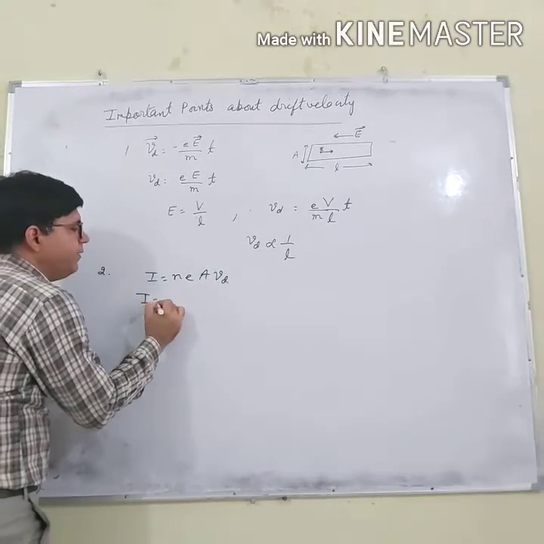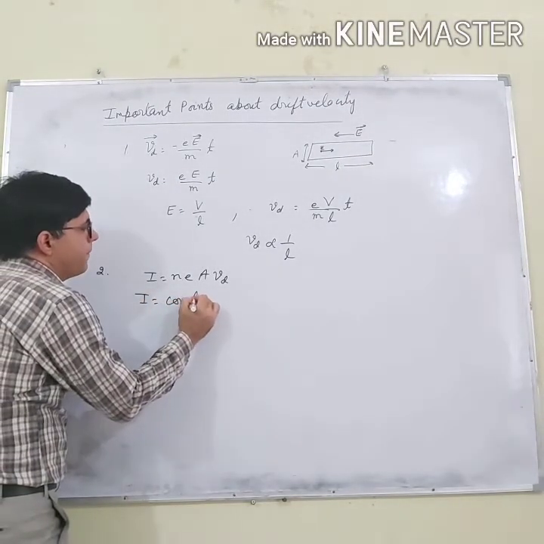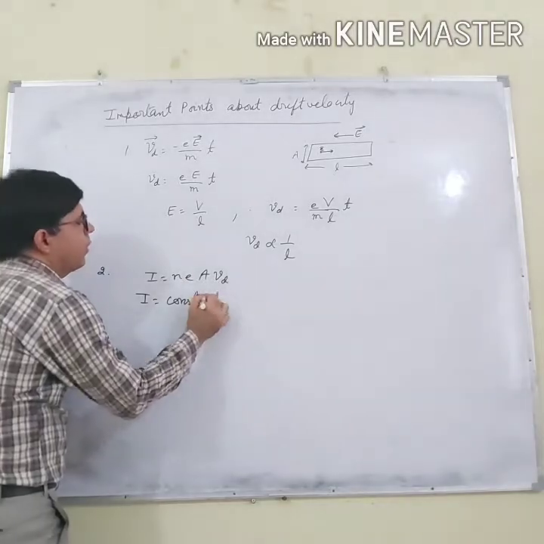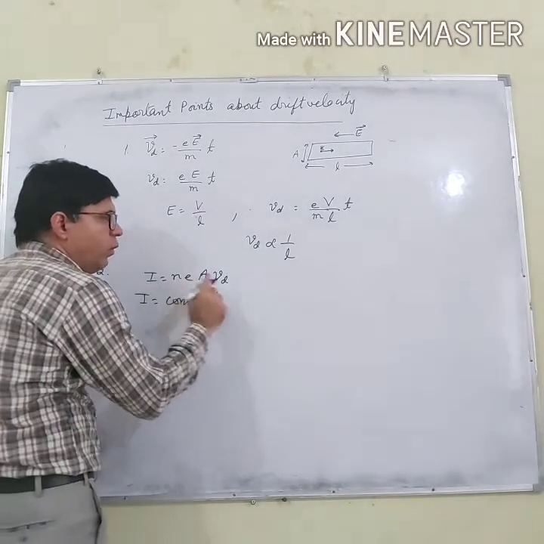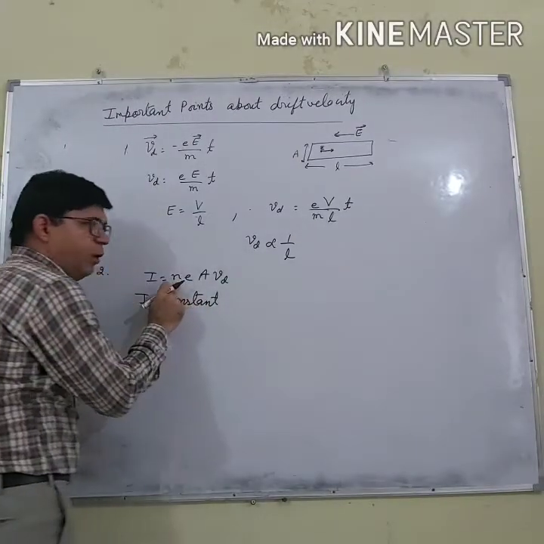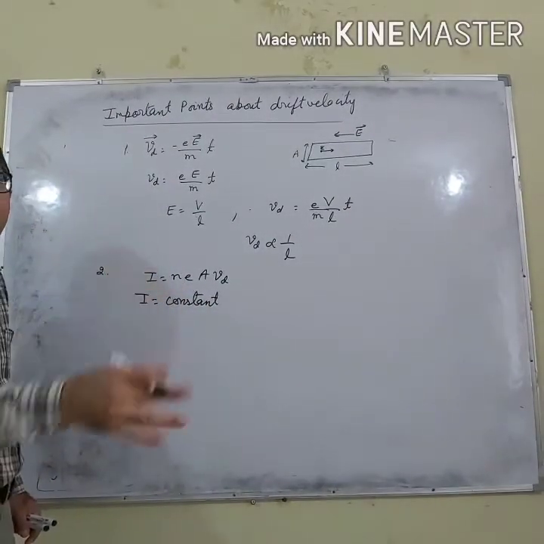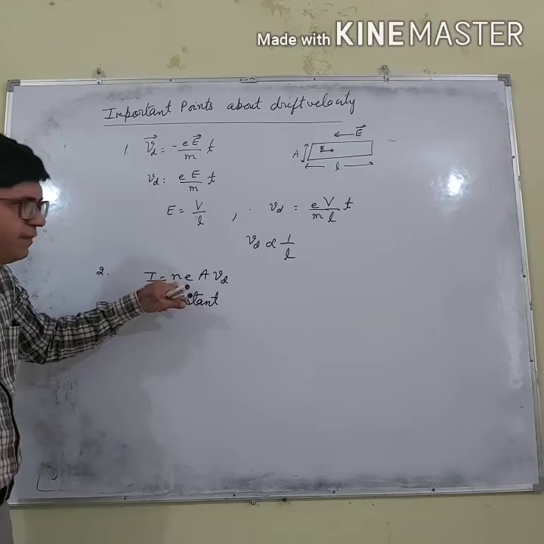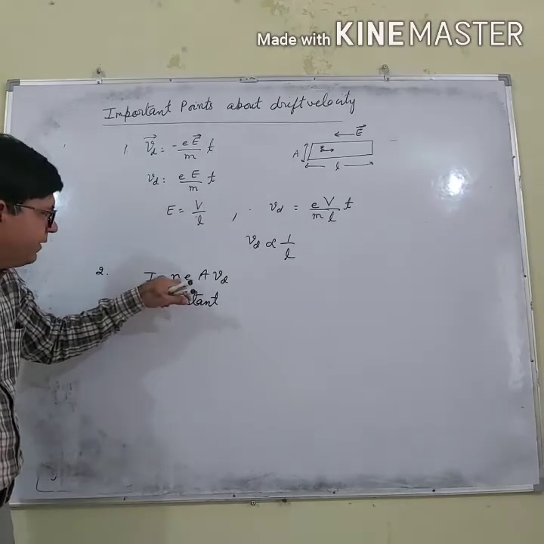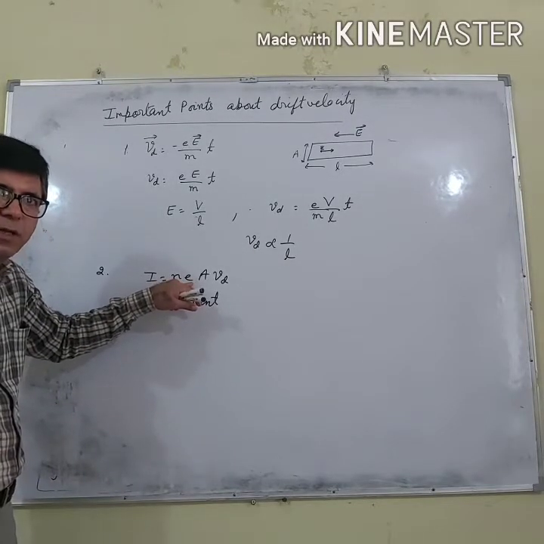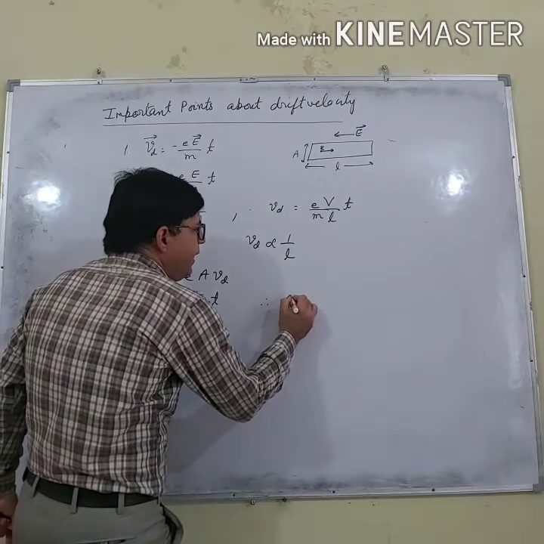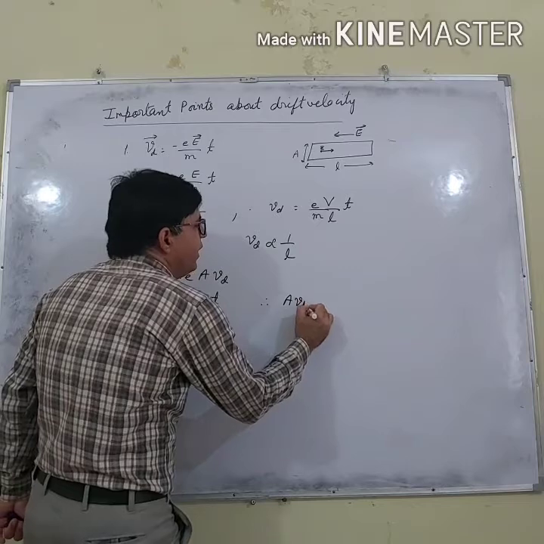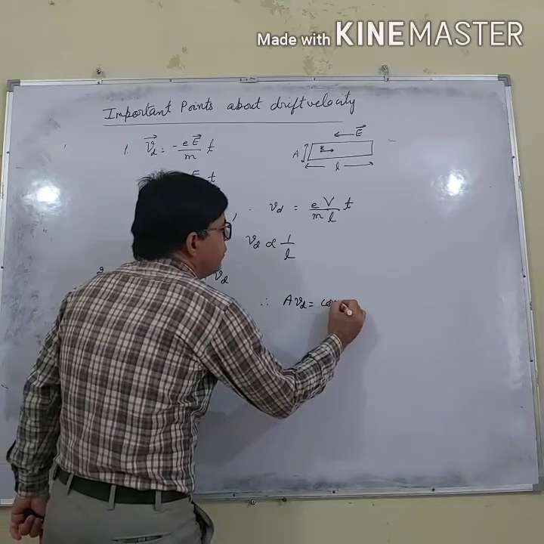If current is constant, then nE is also constant, because n is number density, it depends on the material. For copper it is something like length and temperature, and e is the charge on the electron, it remains the same. So I can say a product of area and drift velocity is also constant.